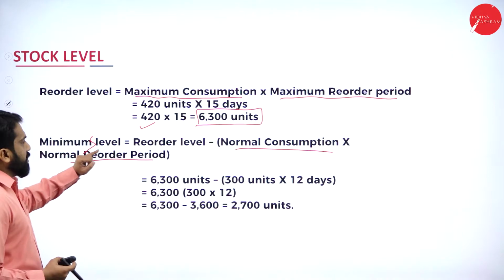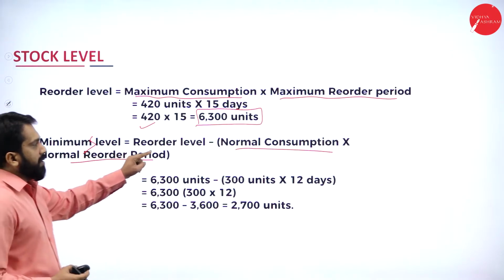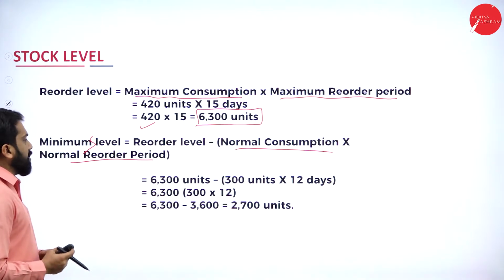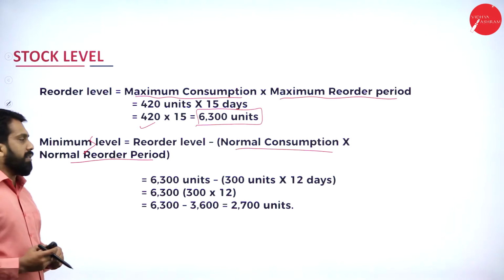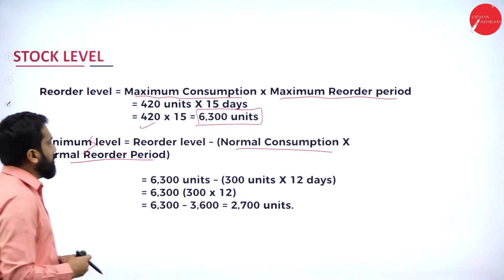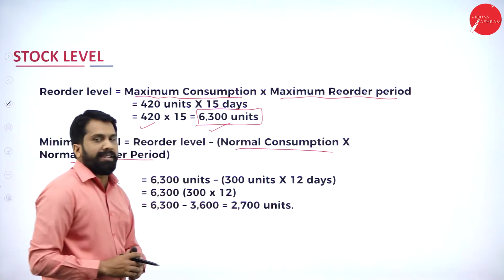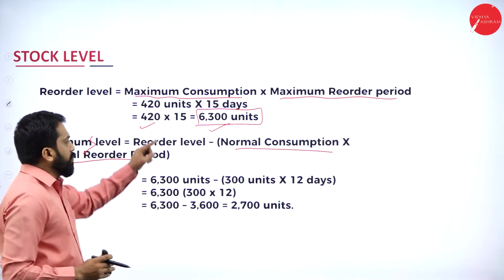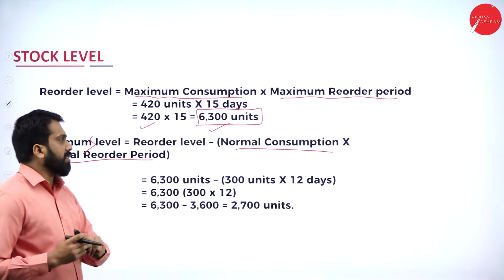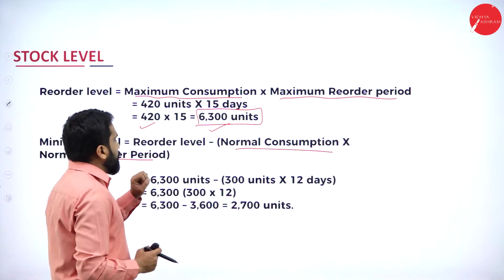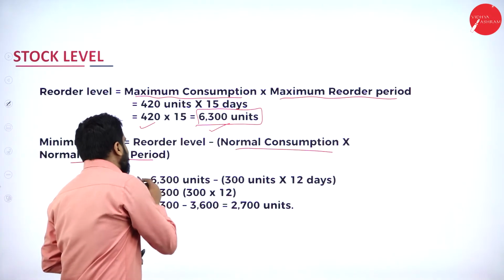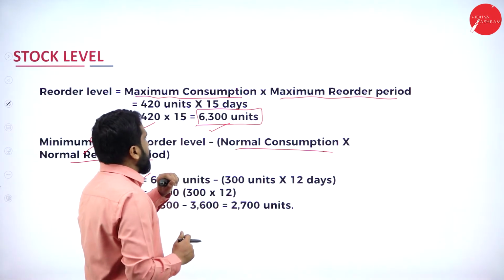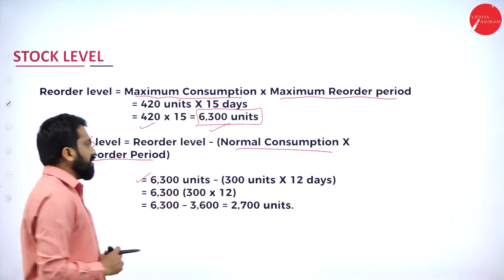Minimum stock level is equal to reorder level minus normal consumption into normal reorder period. What is your reorder level? Your answer is 6,300 units. Already you have calculated the same value. We copy and paste. Reorder level we have taken 6,300 minus normal consumption into normal reorder period.